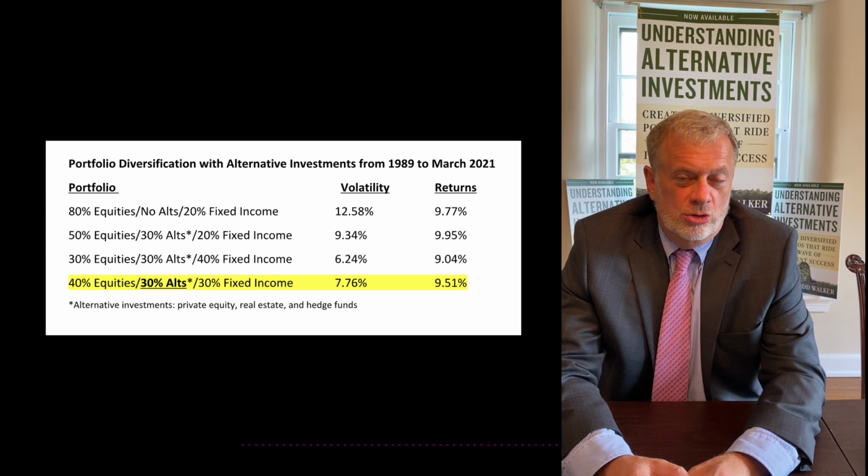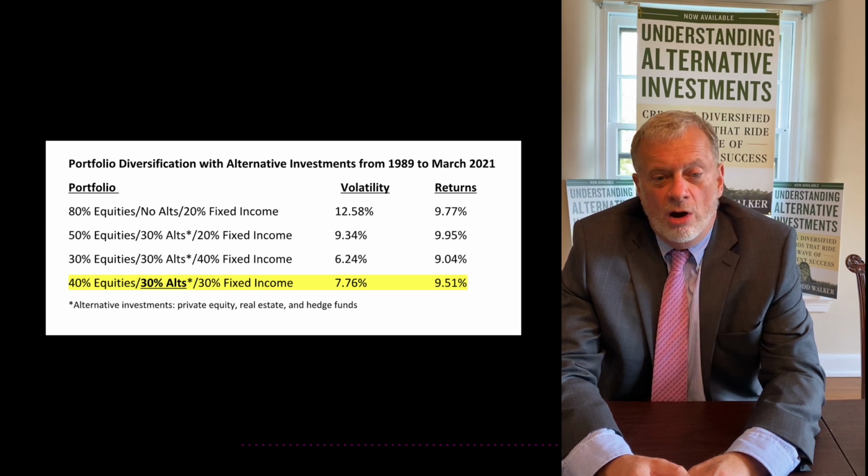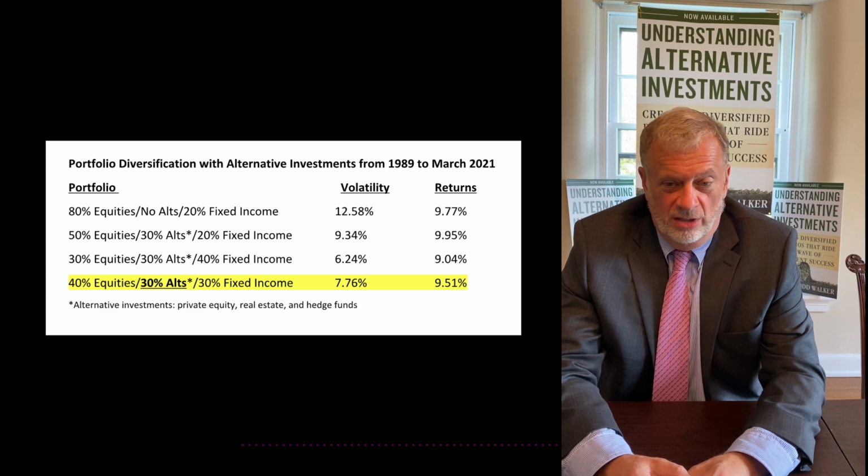And say we reduce the fixed income from 40, which we talked about earlier, down to 30%. So you have 30 alts, 40 equity, and 30 fixed income. Volatility is still low at 7.76, far lower than 80% equities with 12.58% volatility.